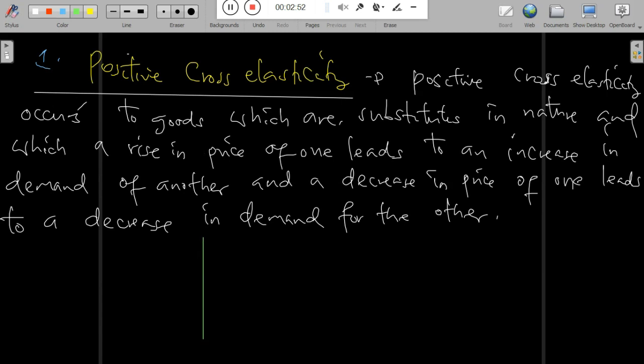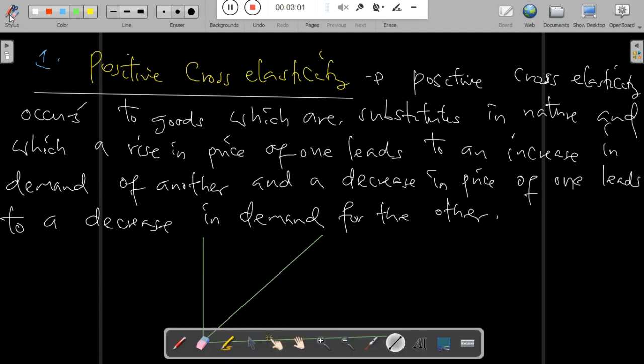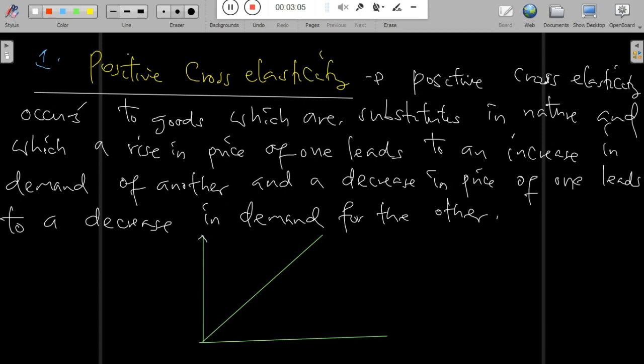So this means that it is called positive because when the price of one substitute good increases, it also affects the other good to increase. And if it decreases, it affects the other substitute good to decrease. So its graph normally shows a positive relationship for the two goods, maybe coffee and tea, as you can observe.